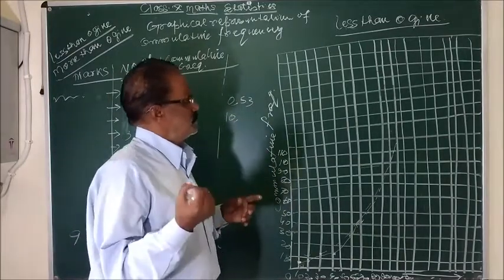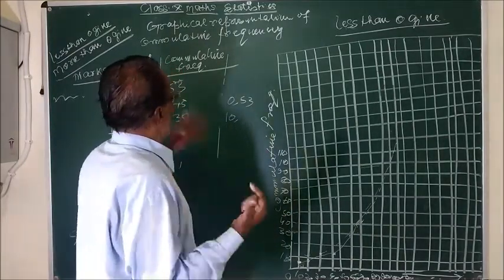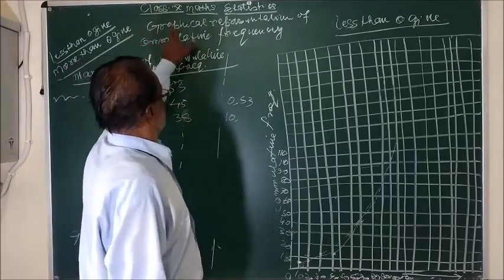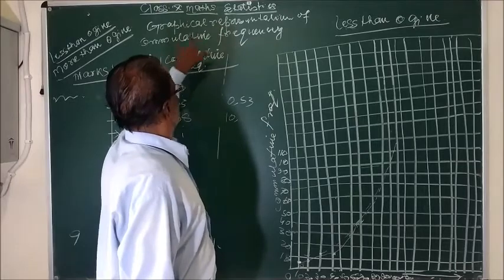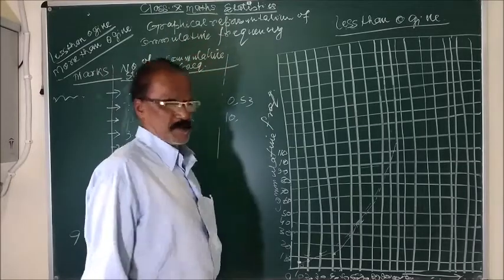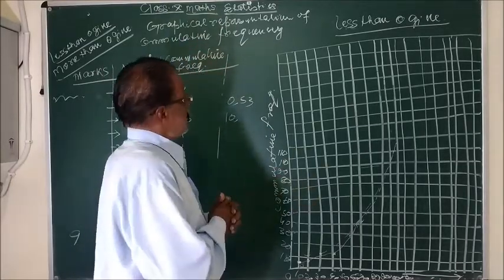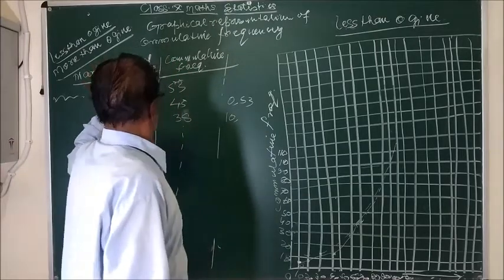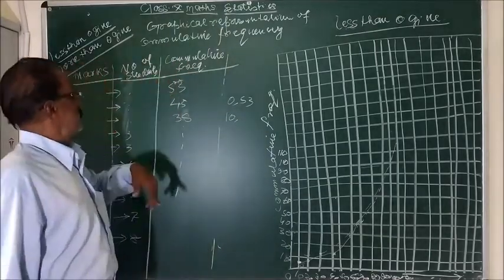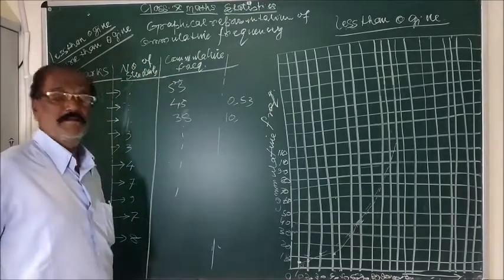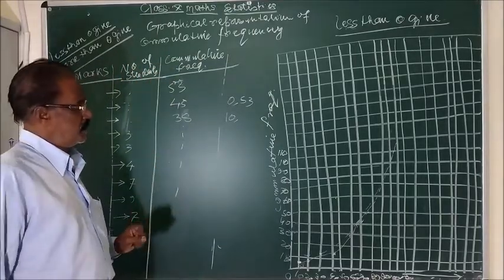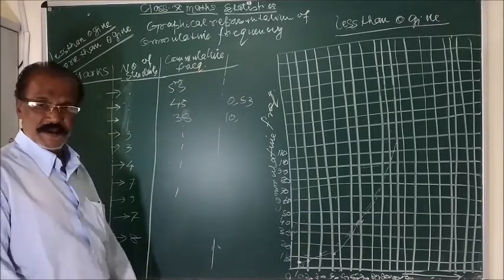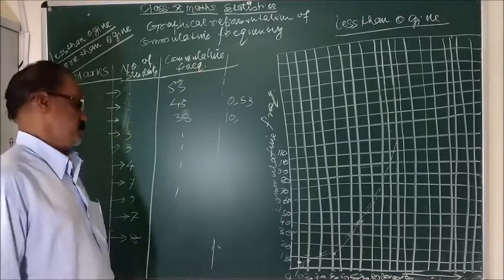So I wrap up with the summary that this is the topic, graphical representation of cumulative frequency. You have to represent the given frequency, cumulative frequency on a graph paper. With the help of it, you can draw less than type ogive and more than type ogive.